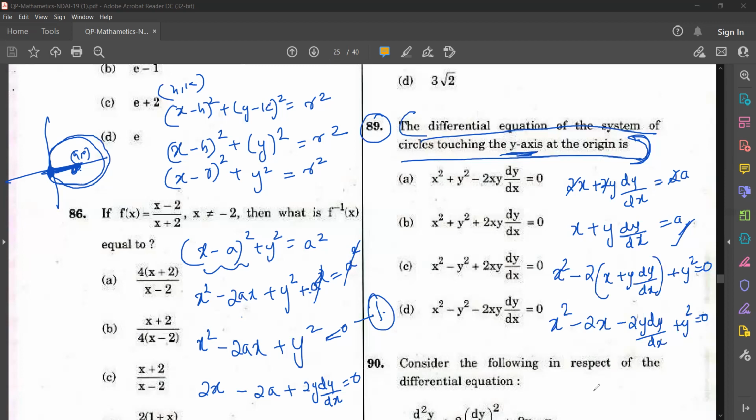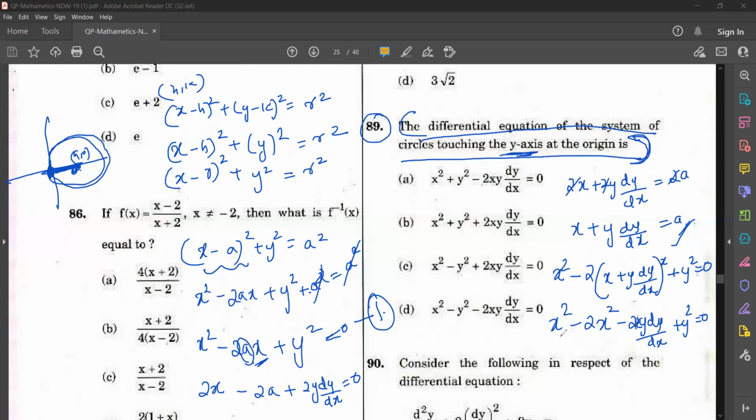Is it fine? Yes. Listen, there is one x also here, isn't it? So this will become x, because I am substituting for a.